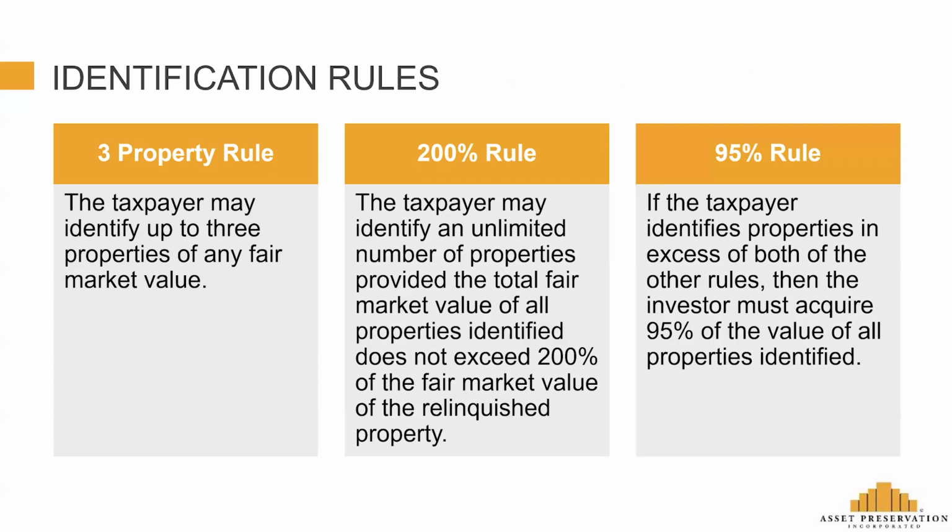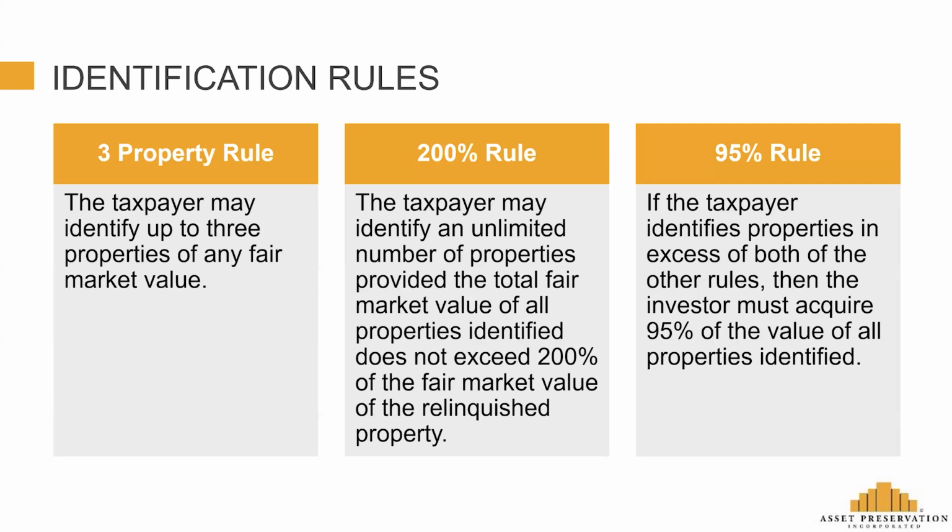Now we've got to identify property within some specific rules. Using the three-property rule, you can identify three properties of any fair market value. So identify one at $200,000, one at $400,000, one at $1 million. The value doesn't matter, but I'm limited to only three properties here. So that's the three-property rule.